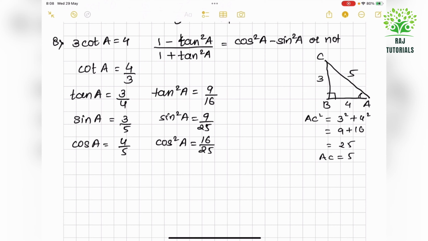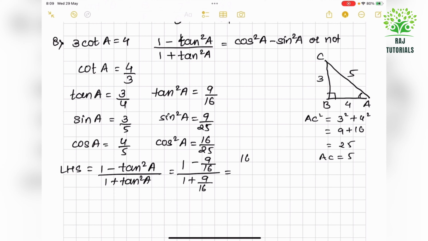Now putting the values in LHS, I will get 1 minus tan square A upon 1 plus tan square A. So this will be 1 minus 9 upon 16 whole upon 1 plus 9 upon 16. So (16 minus 9) upon 16, (16 plus 9) upon 16. So 16 minus 9, 7 upon 25.